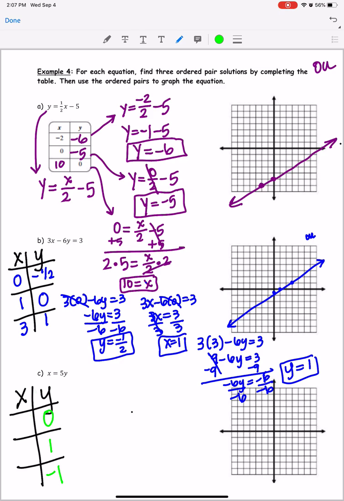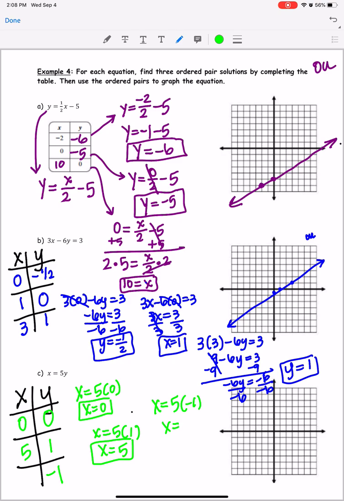When I start with this one, we've got x equals 5 times 0. 5 times 0 is 0, so we get 0 here. Then x equals 5 times 1, and 5 times 1 is 5. And then y is negative 1, so we get x equals 5 times negative 1, and 5 times negative 1 is negative 5.